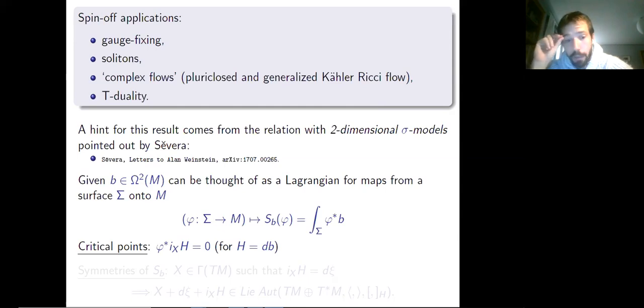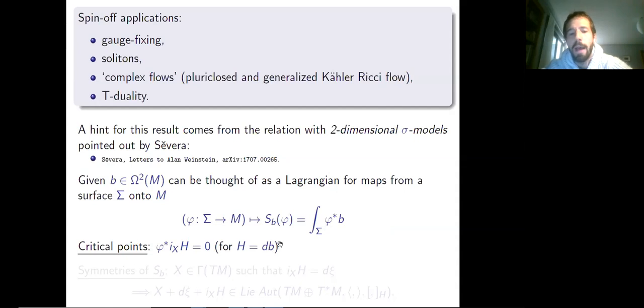If you calculate the critical points, these are going to be given by vector fields along the map phi, meaning sections of the pullback of the tangent bundle along phi, such that the contraction of this vector field with the three-form is 0, where the three-form is nothing but d of the two-form that you used to calculate the Lagrangian.